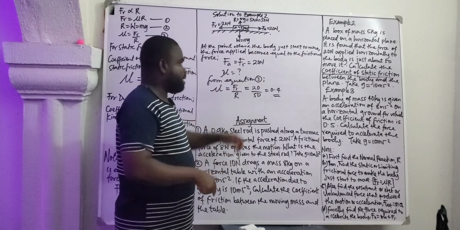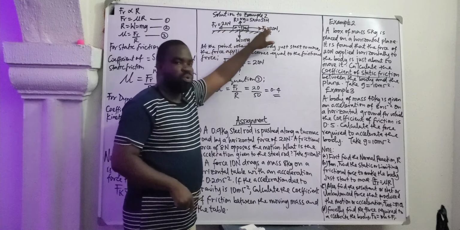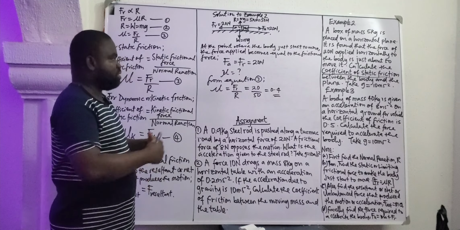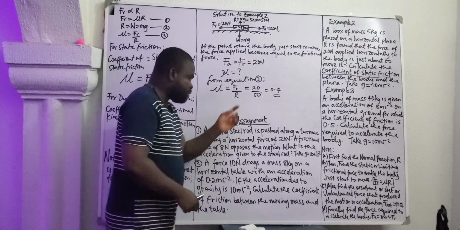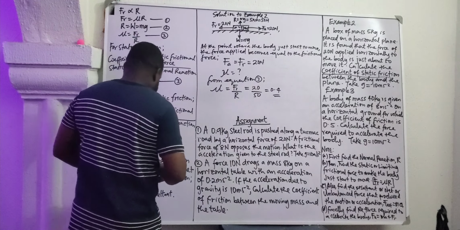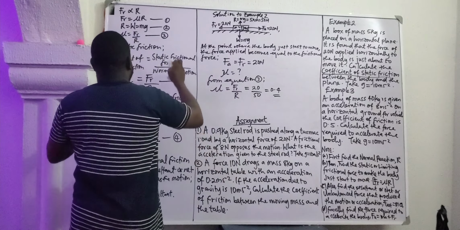Likewise, when the force applied is given, then the frictional force is equal to that force at static friction, where the object just starts to move. Now, let's talk about what it will be at dynamic or kinetic friction.